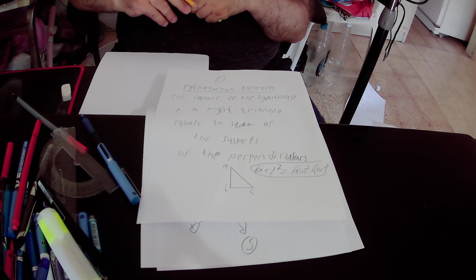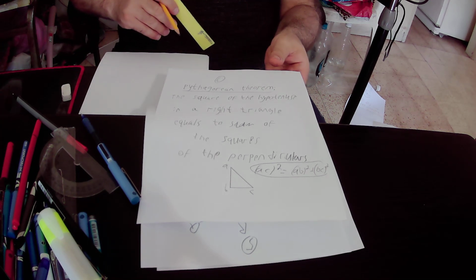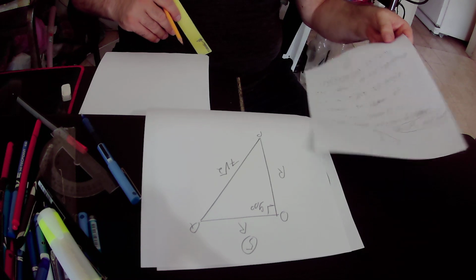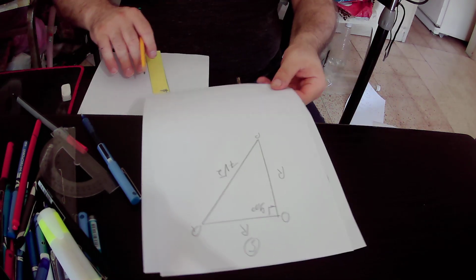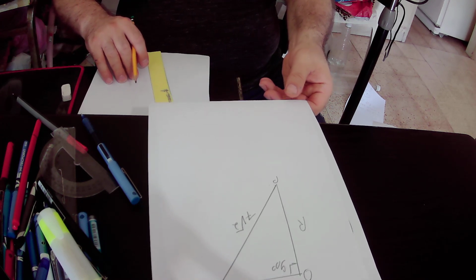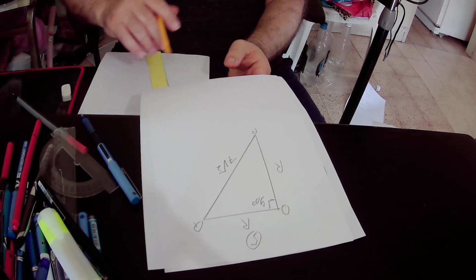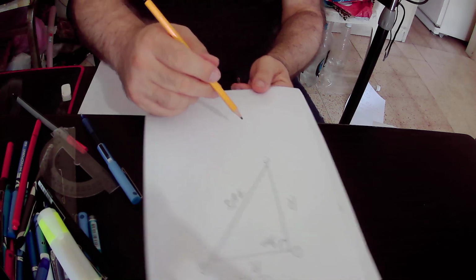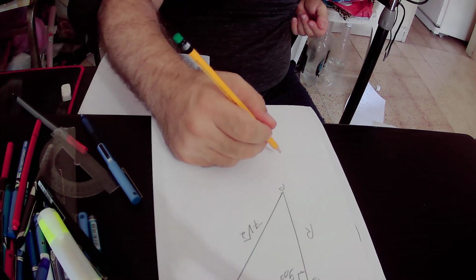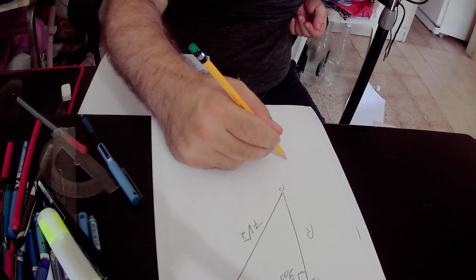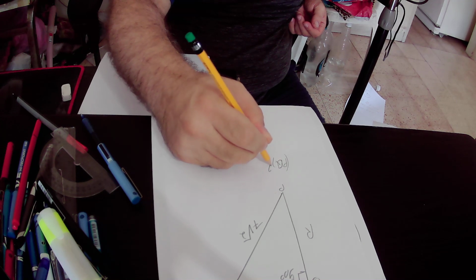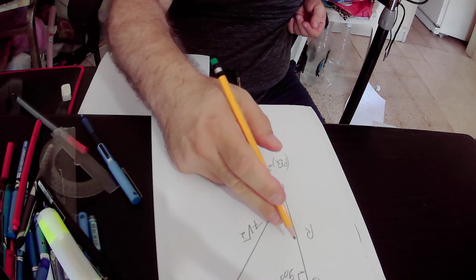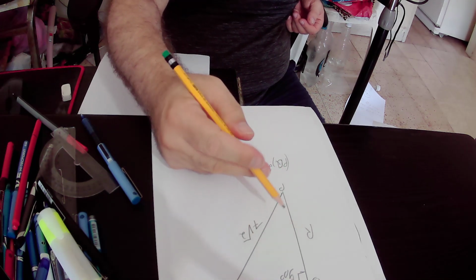Okay, so according to the Pythagorean theorem, we can say that in our circle, PQ square, the square of the hypotenuse, equals the sum of the squares of the perpendiculars.